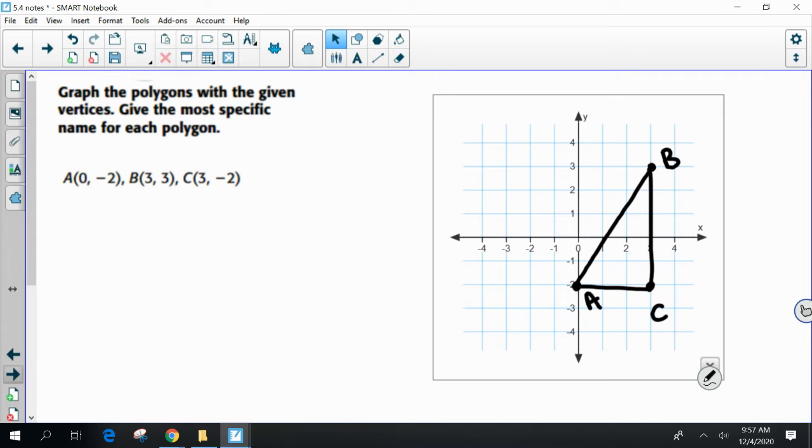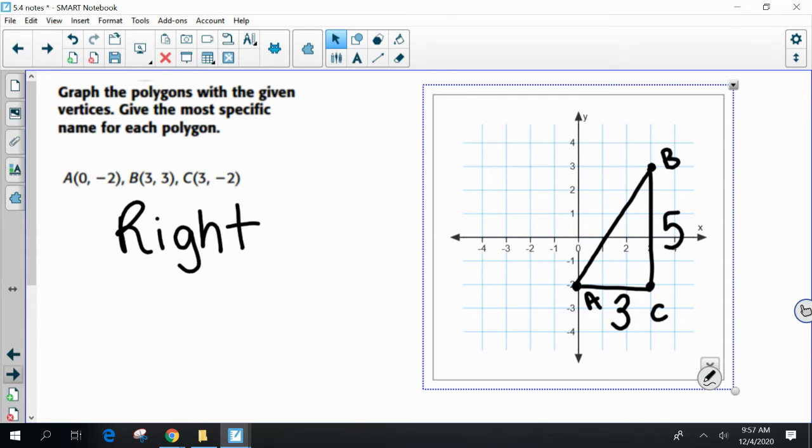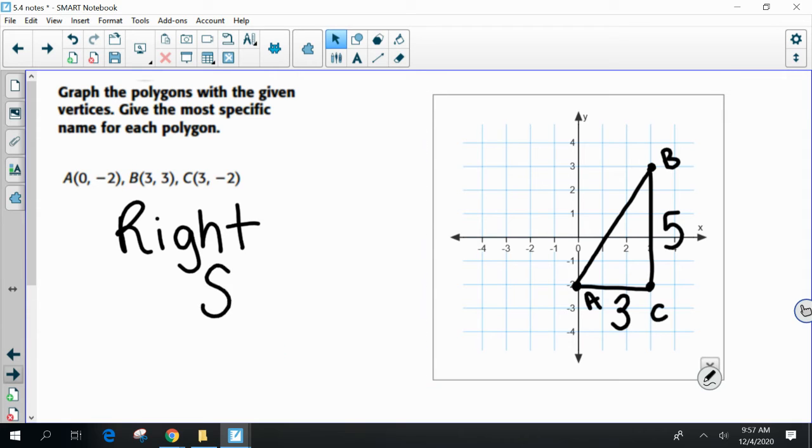So if you count this side, it's 3. This side, it is 5. And we are just kind of assuming that the diagonal is not 3 or 5. You could technically figure out how long it is by Pythagorean theorem or distance formula. So right scalene.